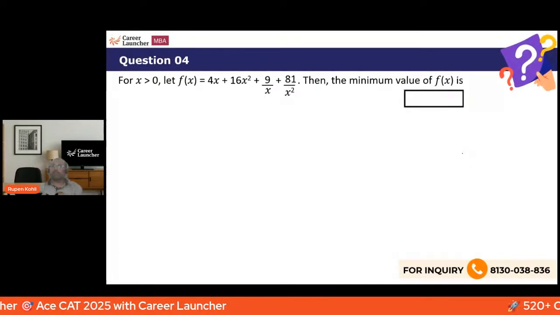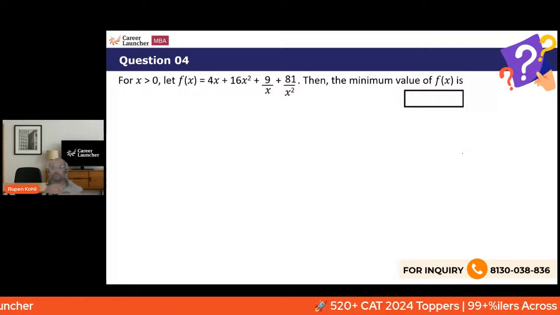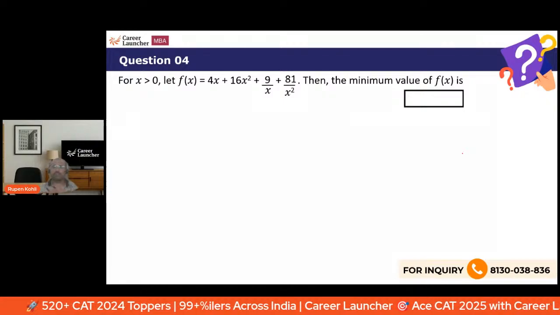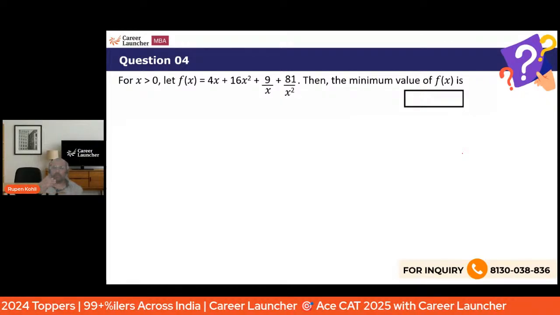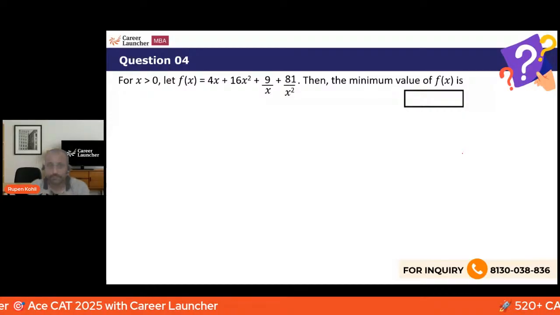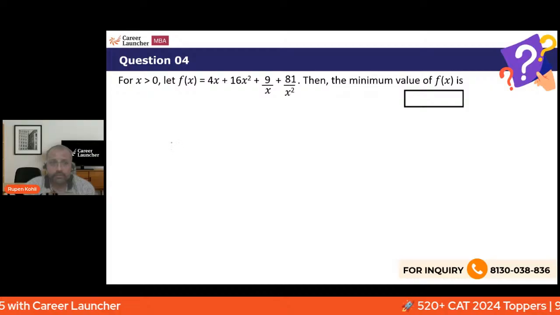Now here we extend the concept understood in the previous problem. For x greater than 0, let f(x) equals 4x plus 16x square plus 9 over x plus 81 over x square. Then the question asks for the minimum possible value of f(x).